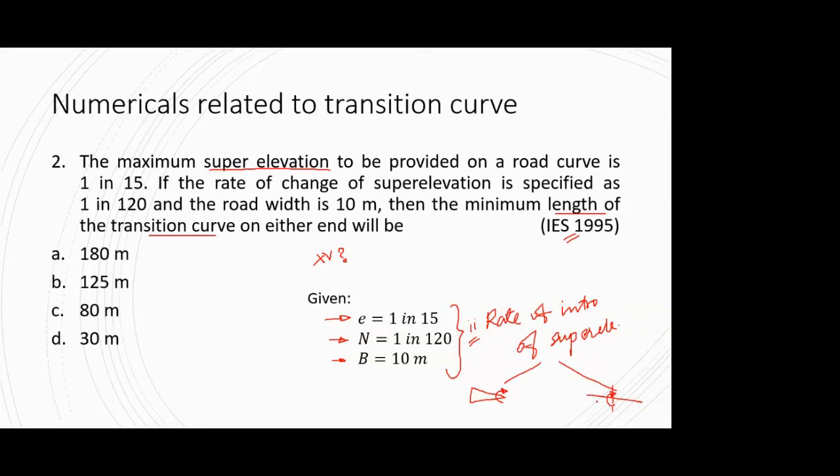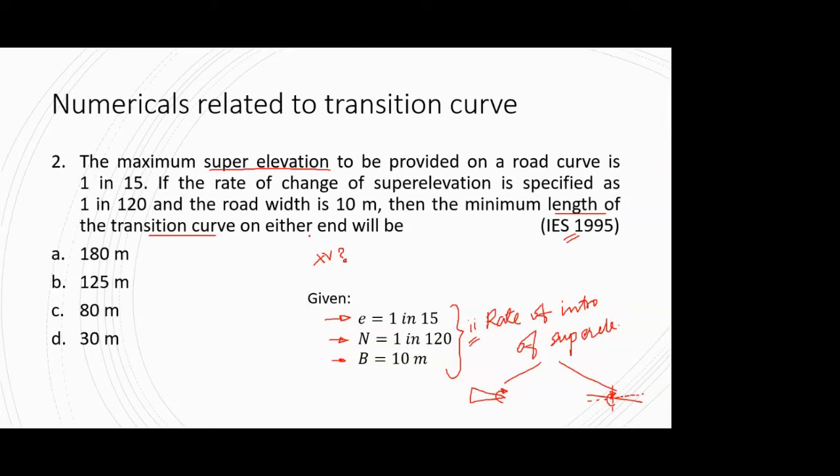Based on these two cases, you have to use two different formulas. This information is also not given, whether the road is rotated about the inner edge or outer edge, nor have they given any topography related data, whether it's a rolling terrain or hilly terrain. In yesterday's numerical, we saw that they had given hilly area and high rainfall region.